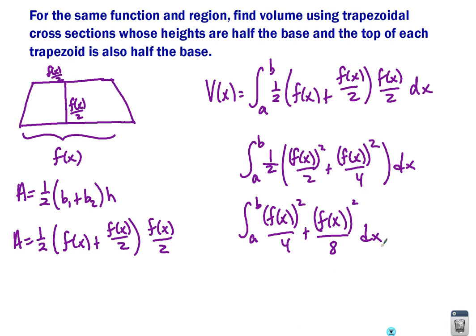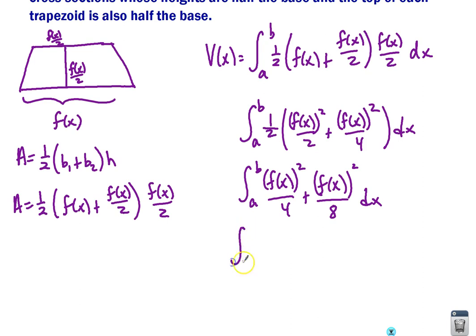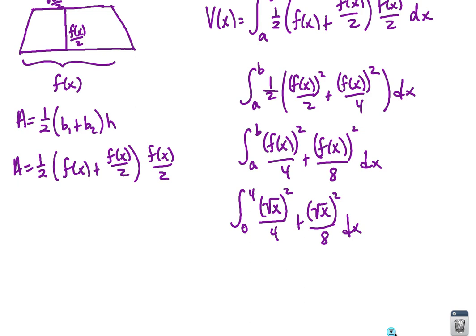All right, well, my original function was the square root of x. So from 0 to 4, root x squared over 4 plus root x squared over 8 dx. Let me pause for just 1 second here.